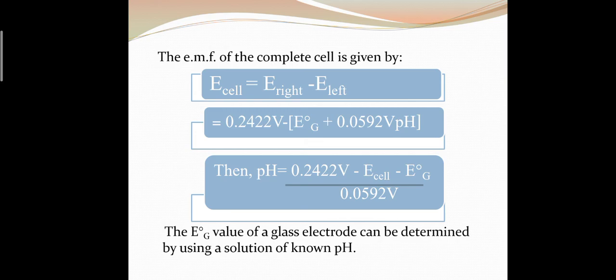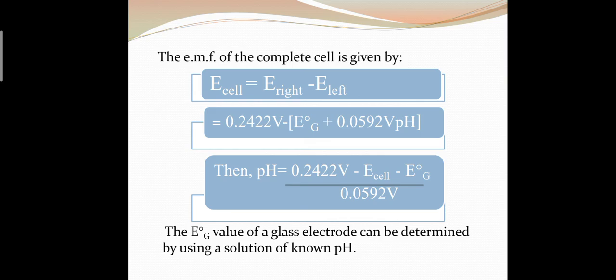Now how is it written? It is written as E cell equals 0.2422 volt minus E0G plus 0.0592 volt pH.